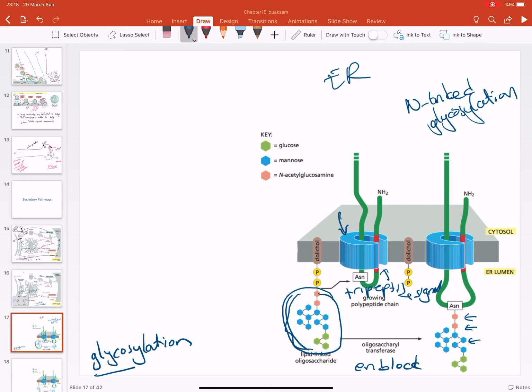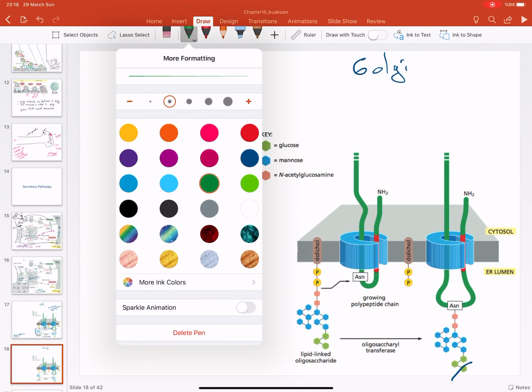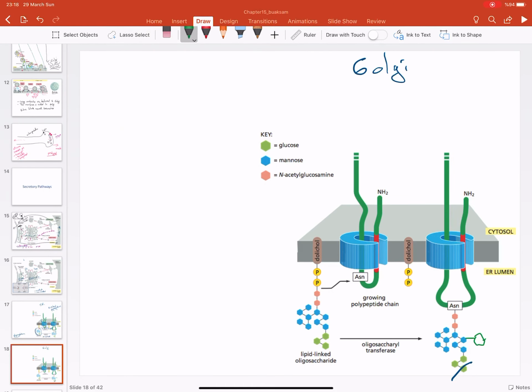In the ER, they are more or less the same, all the glycosylation, but it's not going to stay the same. Once it enters the Golgi, things are going to start to change. Some of the sugar groups are going to be chopped off, and some new sugar groups will be added. And you know that these sugar groups can have different bondings, different shapes.